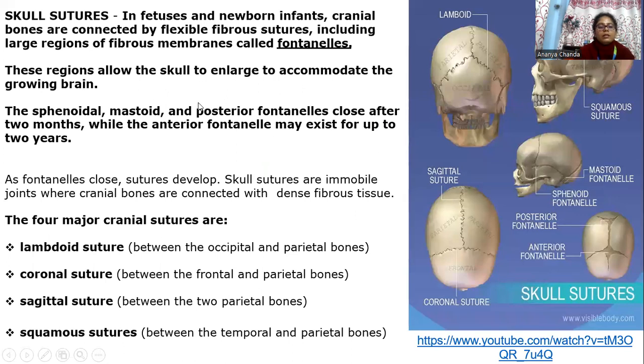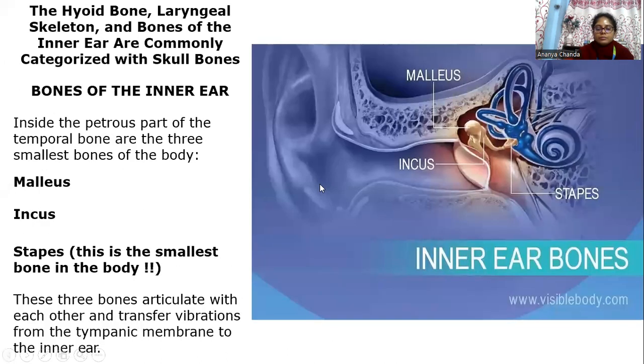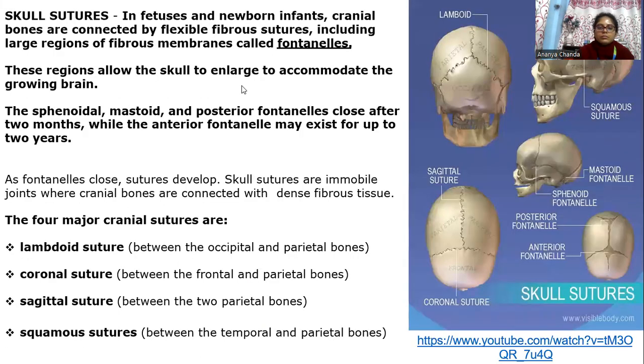Then comes the skull suture. As I've told you, the skull sutures are actually in the newborn or infants. The cranial bones are connected by flexible fibrous sutures, right? So these regions allow the skull to enlarge to accommodate the growing brain.